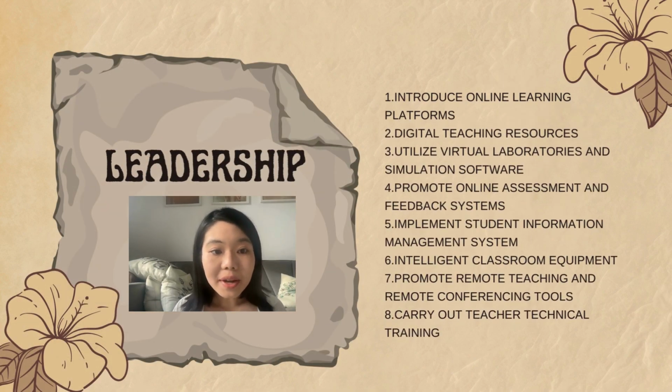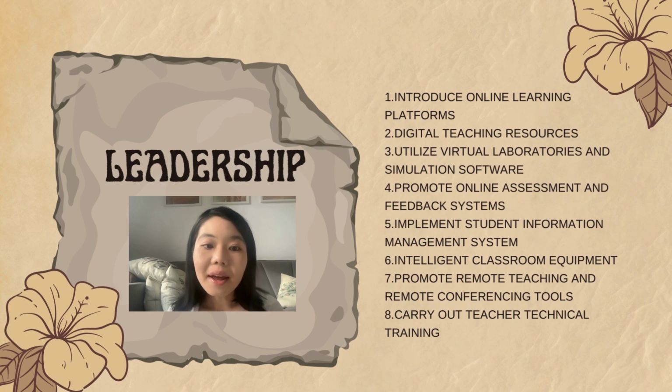The first one is introduce online learning platforms. Schools can introduce online learning platforms such as Moodle, Canvas, and others, so that teachers can create courses, share resources, and interact with students online.